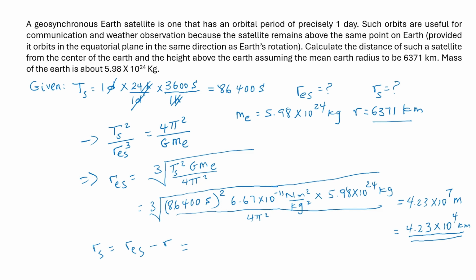So we have calculated the distance from the center of the Earth to the satellite, which is 4.23 times 10 to the 4 kilometer, minus the mean radius of the Earth, which is 6,371.